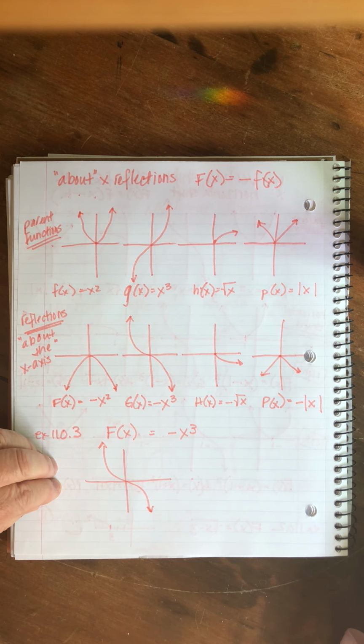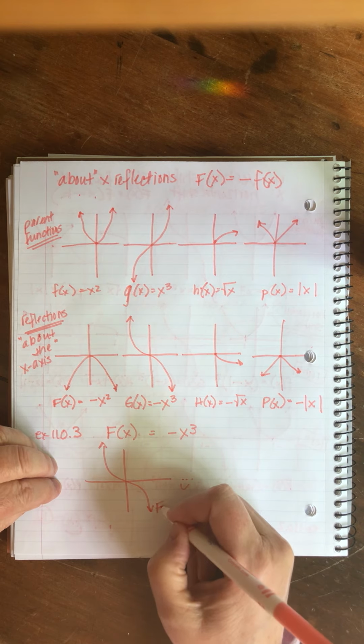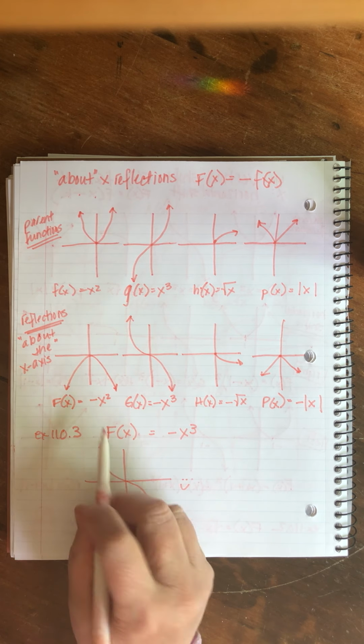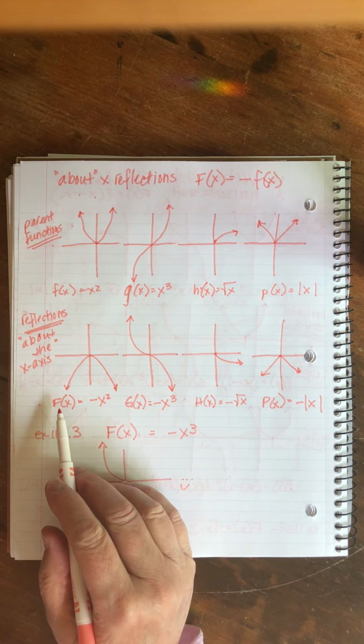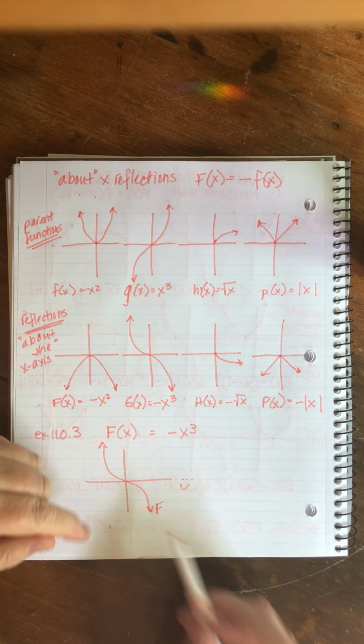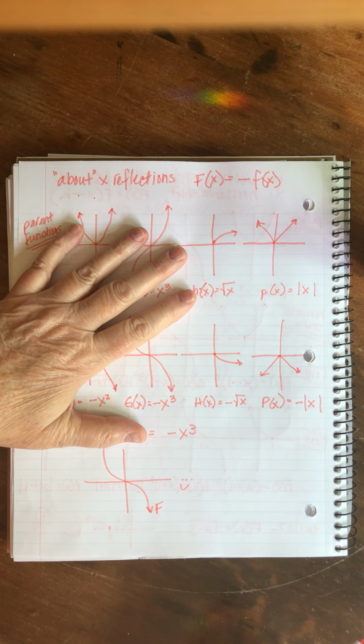All right, that is our solution, yay. And we can put an F by this to show that that's the name of this function. That's a cool thing about functional notation too, is like I don't have to write this. I can just go, dude, that's F.